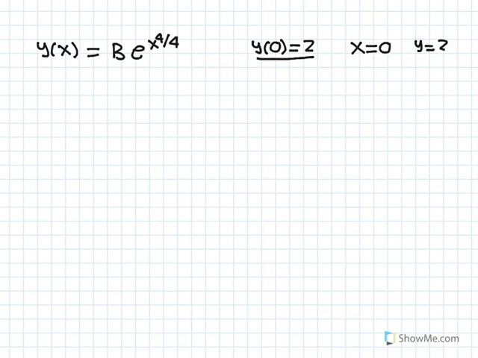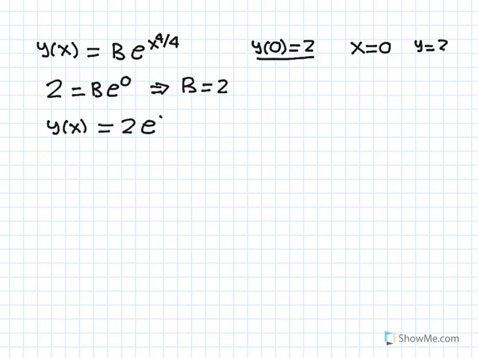That means we can plug in y equals 2 and x equals 0 into our equation and solve for b. So we get 2 is equal to b e to the 0. e to the 0, of course, is 1. So we get b is equal to 2. So the solution is y of x equals 2 e to the x to the fourth over 4.